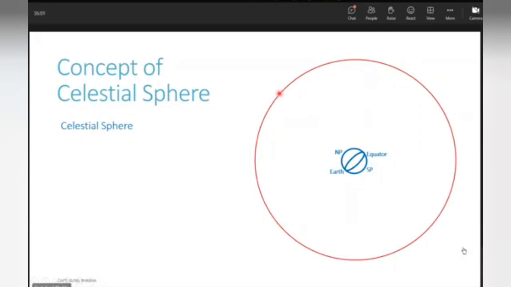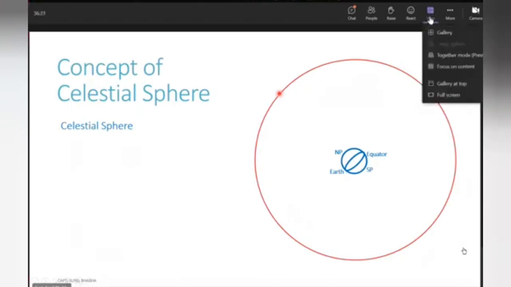Once you consider all the celestial bodies to be situated on the celestial sphere, we can easily use these formulas to calculate the required items for our purpose, or to fix the position of the ship. That was the advantage, or the purpose, of imagining this celestial sphere.